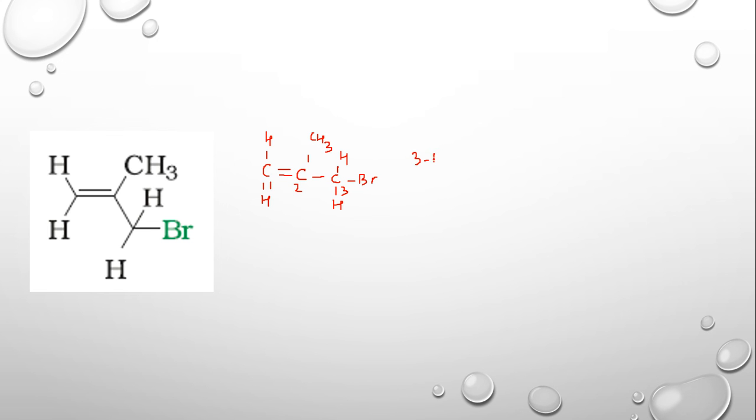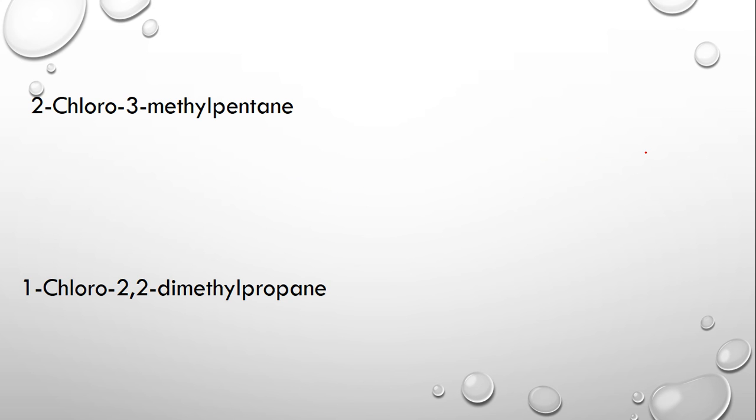The name is going to be 3-bromo, 2-methyl, and propene. Okay, so this was when the structures were given and you have to write the IUPAC name.